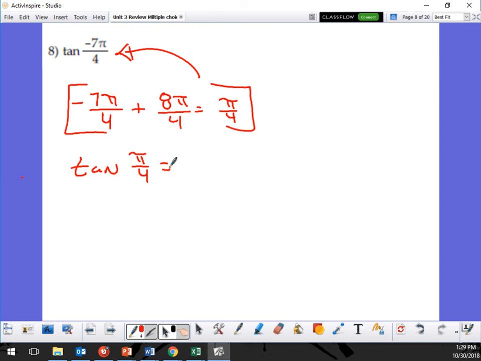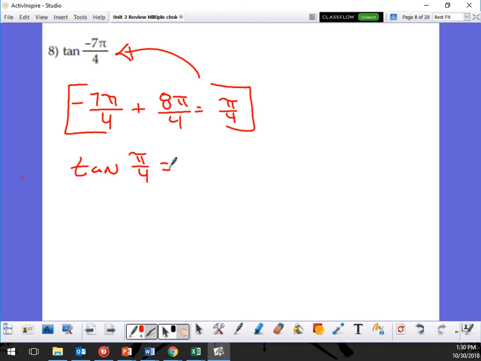Now, we know tangent is what over what? Y over x, right? So, magic finger, on the unit circle, put it on pi over 4, please. Where's pi over 4? 45 degrees. Okay, right there, 45, right?